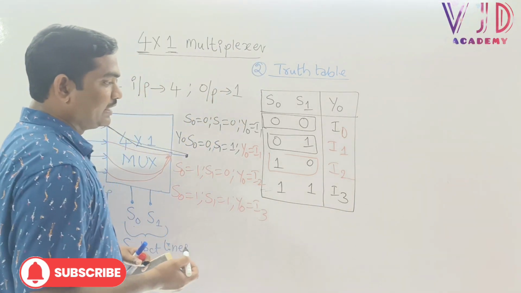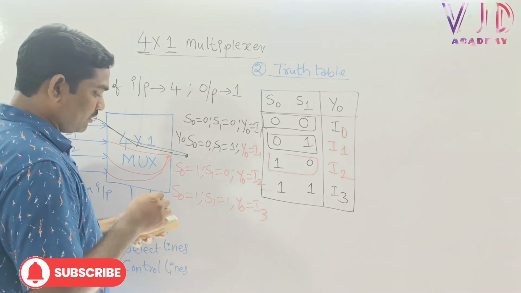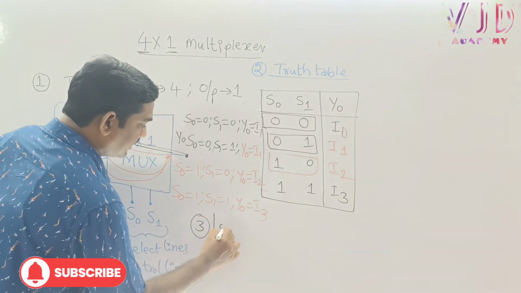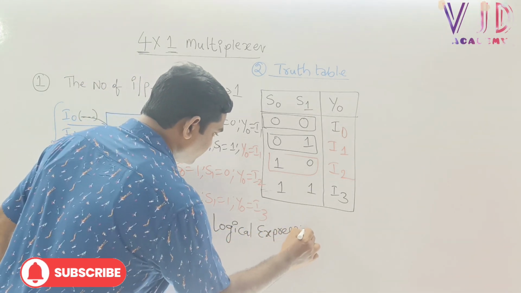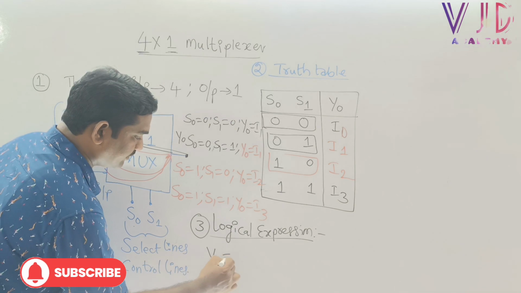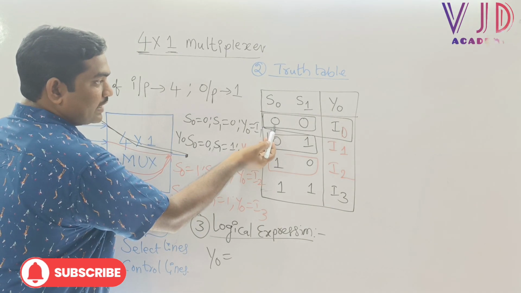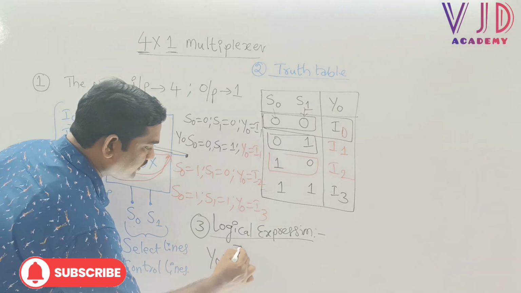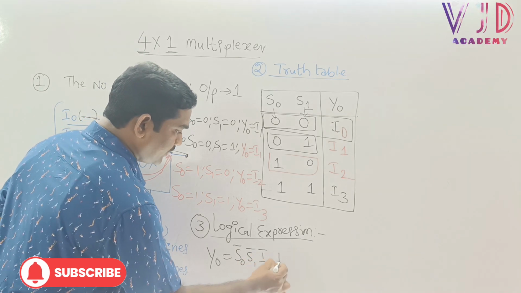This is the truth table. Based upon it, let us now write the logical expression. The third point is the logical expression. How to write it? Y0 equal to: when S0 is 0 and S1 is 0, we write S0 bar S1 bar into I0, plus.